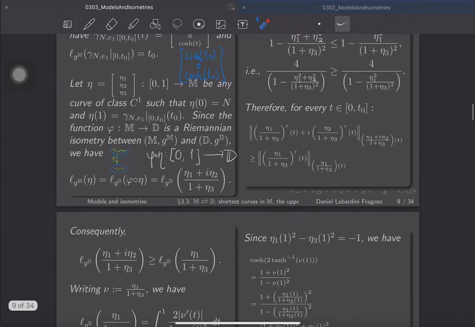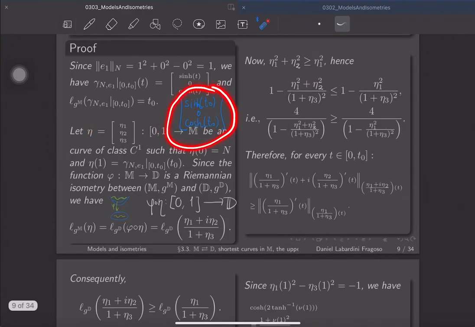Yes, but evaluated at 1. Eta evaluated at 1 is precisely this point. That's what we said. Eta of 0 is n, and eta of 1 is this, which is this point. So when I evaluate it at 1, it becomes this one square minus this one square, and it's equal to minus 1 because it sits in the hyperboloid.